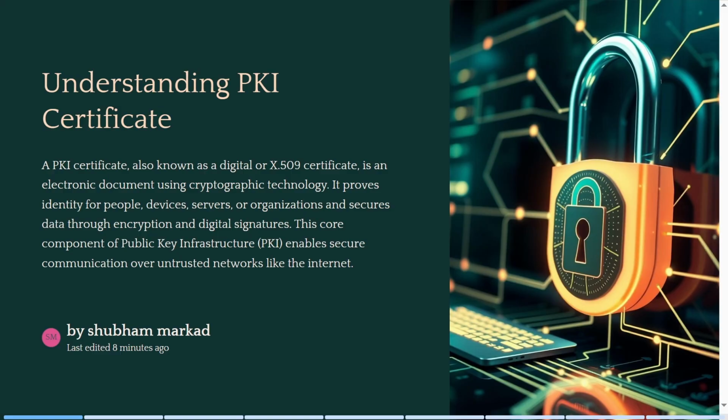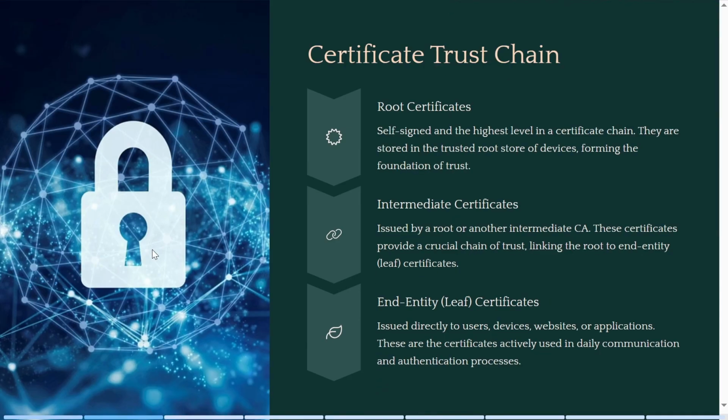So whenever you are accessing a secured site, it will be secured using a PKI certificate, if I say it in an exact manner. Okay, so now let's move forward. The first thing that comes to mind whenever a certificate is in place and working is the certificate trust chain.